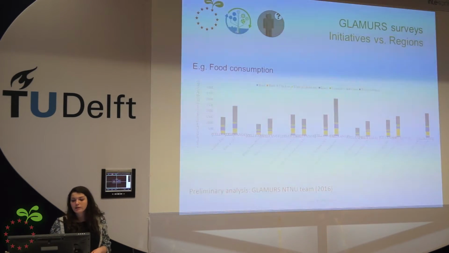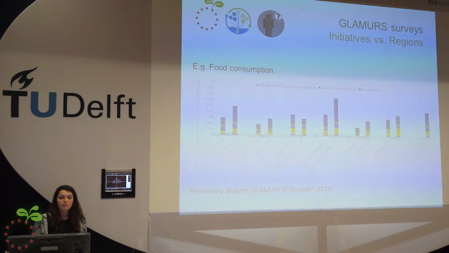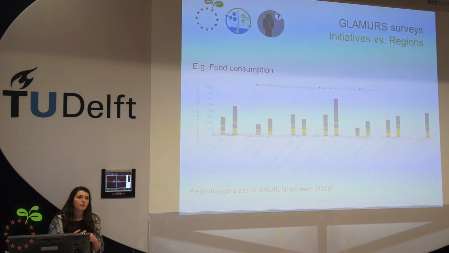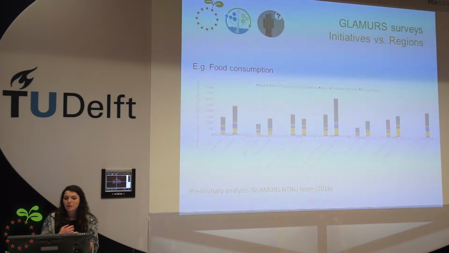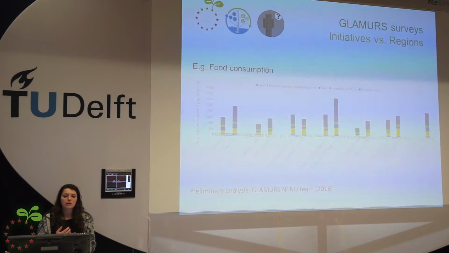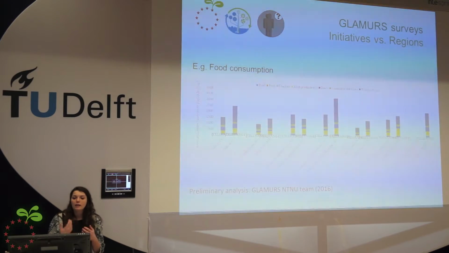So some preliminary results from the surveys. Here on this graph, we compare the initiatives to the regions. The initiatives were those sustainable living people, and the regions is what's considered mainstream. And you could already see that in just food consumption, there are quite big differences in some of the regions.